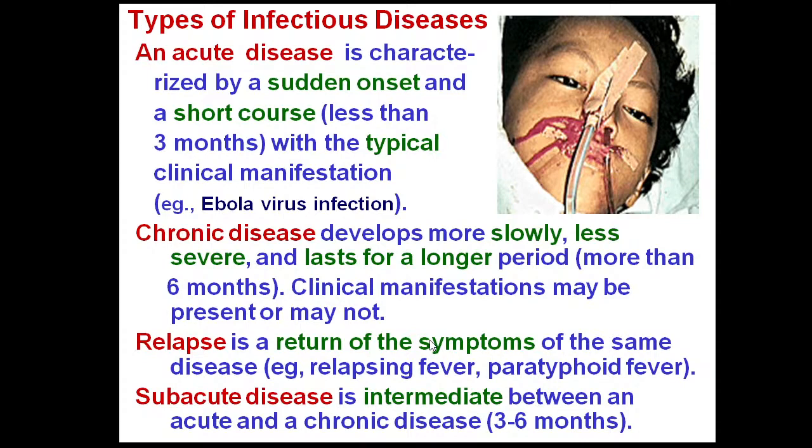Here we can see suspected Ebola disease. Then chronic disease develops more slowly. Usually the symptoms are not very severe, but instead it lasts for a much longer period of time. If more than 6 months, then this is usually chronic disease.